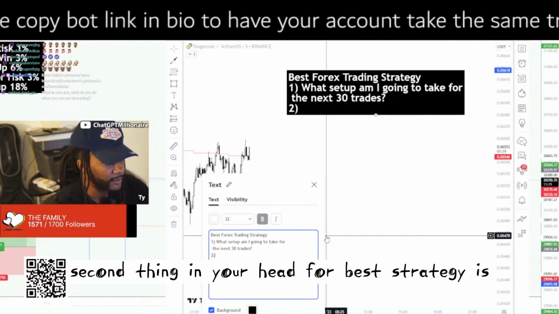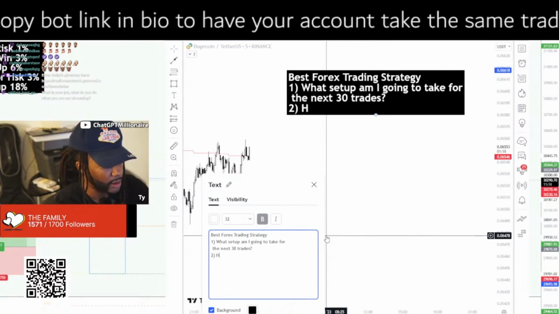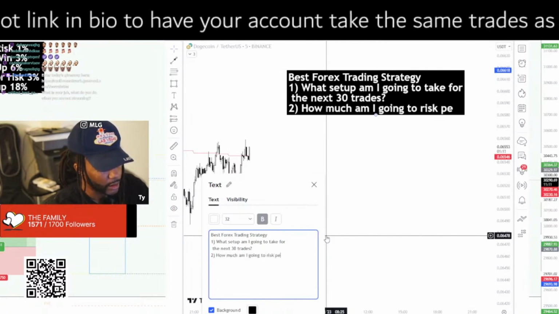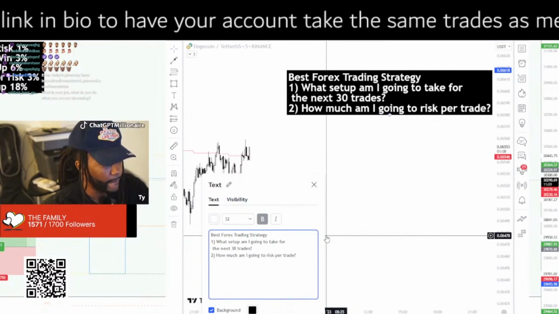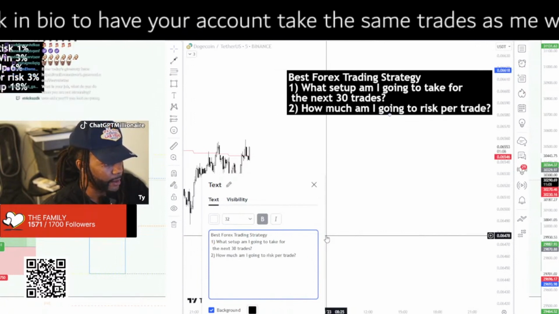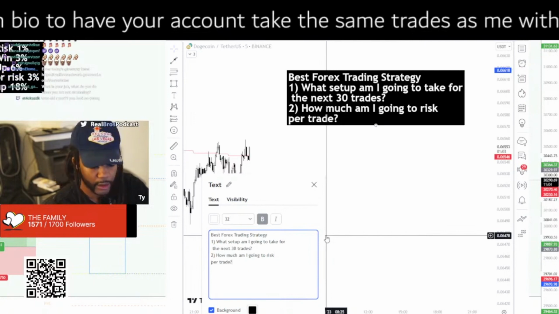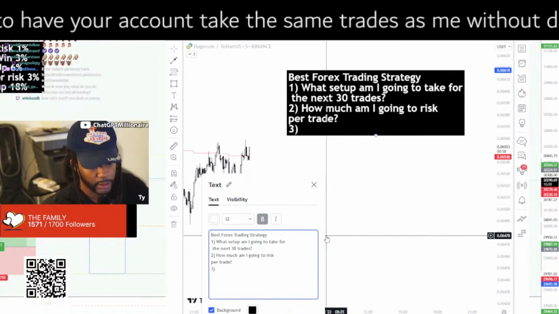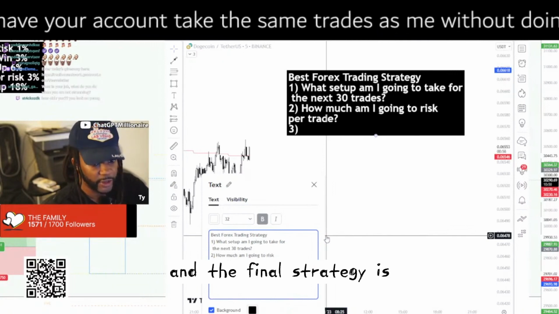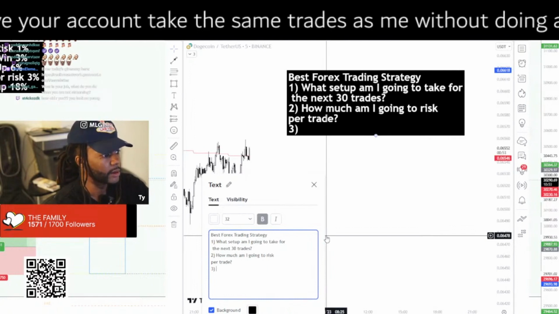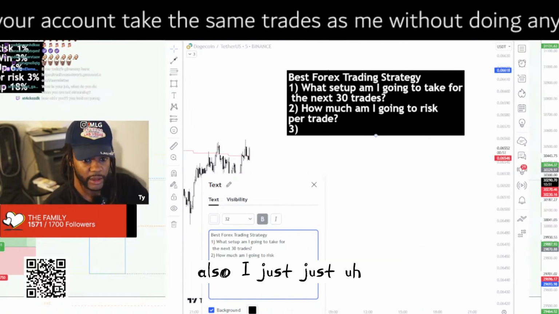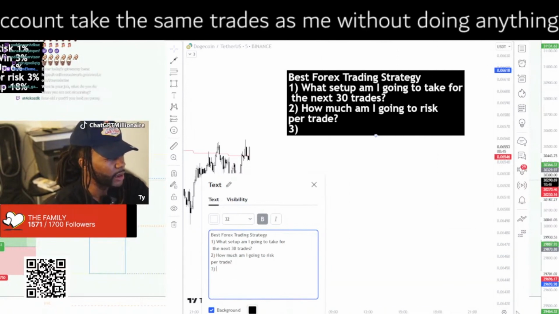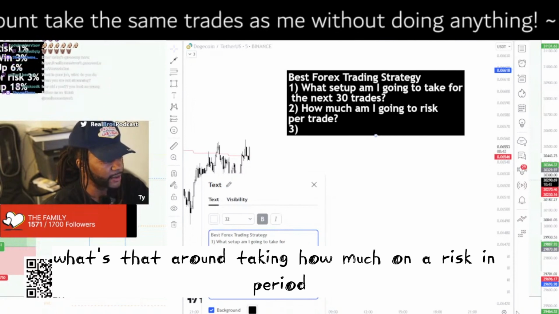Second thing in your head for the best strategy is, how much am I going to risk per trade? And the final strategy you're going to want to use is what setup I'm going to take and how much I'm going to risk per trade.